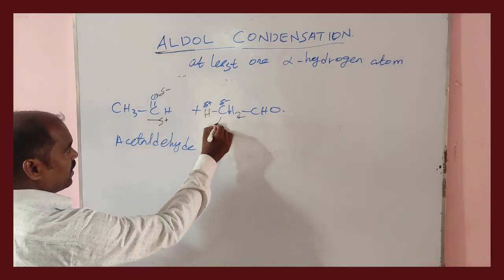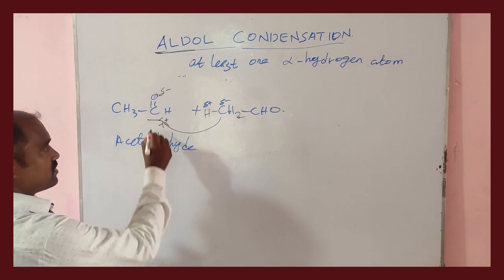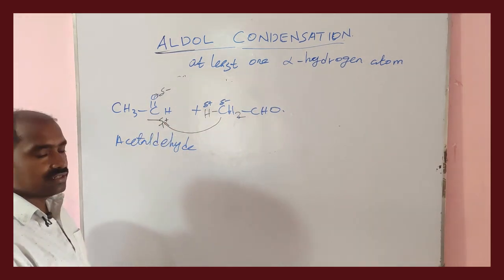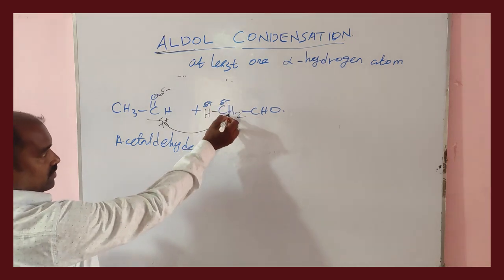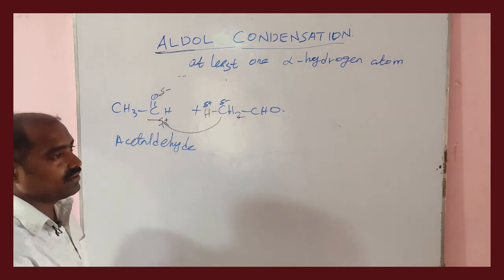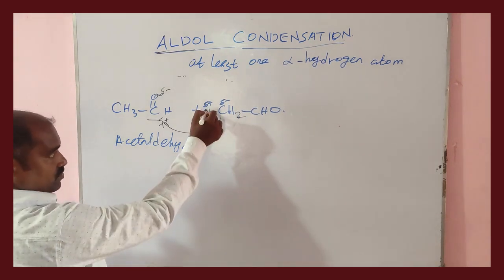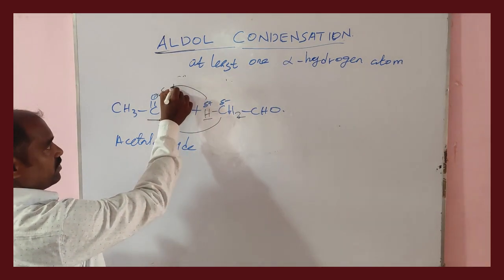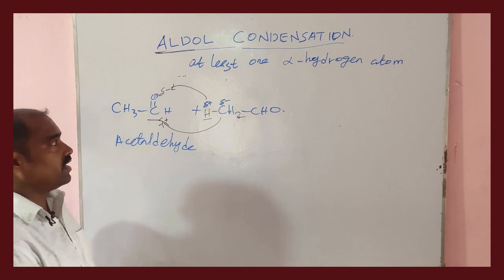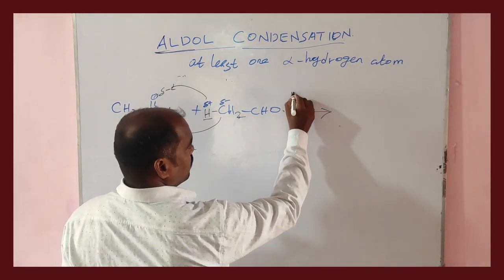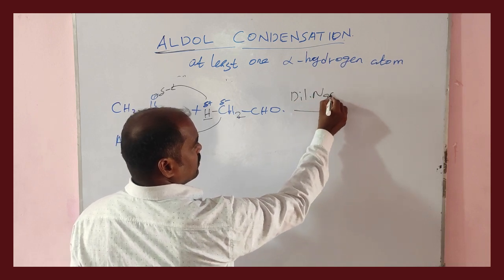So this nucleophile is added to the carbon because the carbon has low electron density. The nucleophile always attacks where electron density is low. Here carbon has low electron density. The electrophile always adds where electron density is high; oxygen has more electron density.